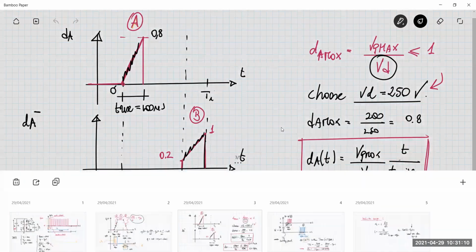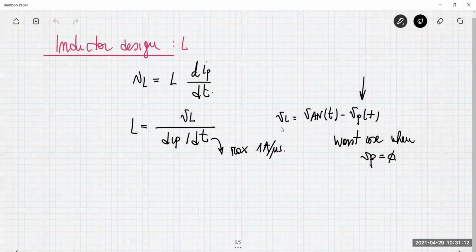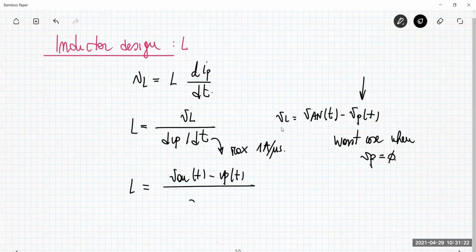So that means that if I want to choose L, it should be VAN minus VP over the dIP over dt maximum value.